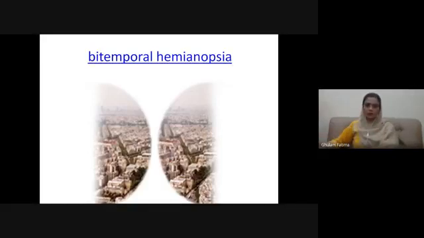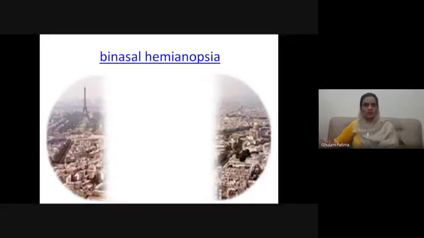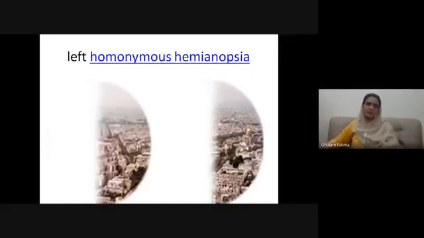This is bitemporal hemianopsia. Opposite to the previous one is binasal hemianopsia. In this kind of problem, the nasal fields are not visible and the patient is able to see only the temporal piece. This is called binasal hemianopsia. This is left homonymous hemianopsia. Homonymous means same.